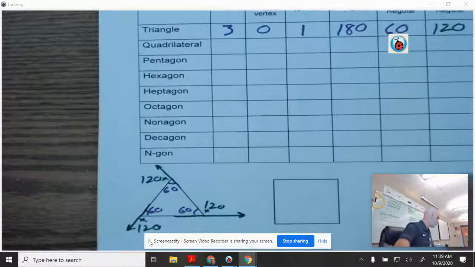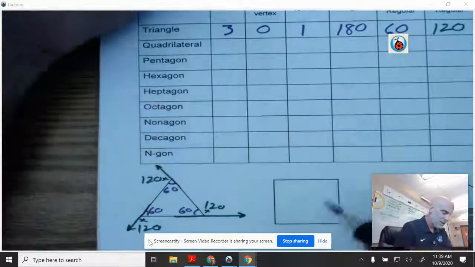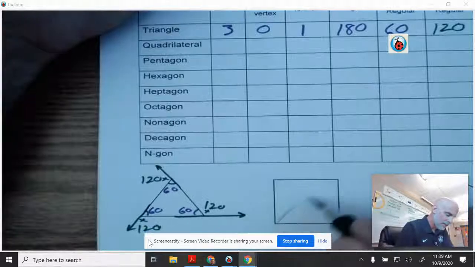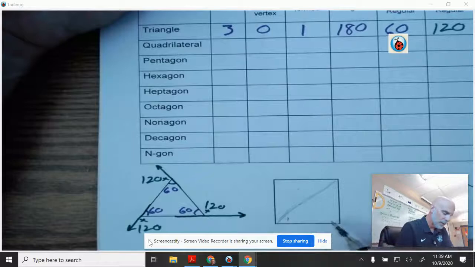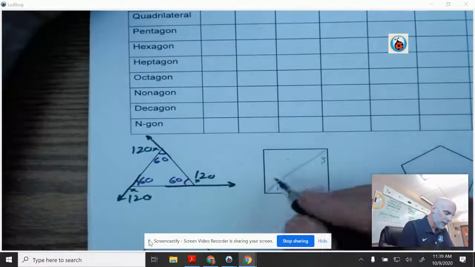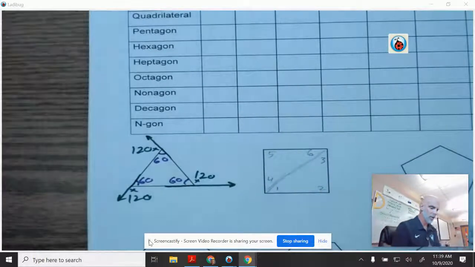So the quadrilateral, the idea here is that I can divide this quadrilateral into 2 triangles. And this one has 3 angles that we know add to 180. And this one over here has 3 angles that we know add to 180.